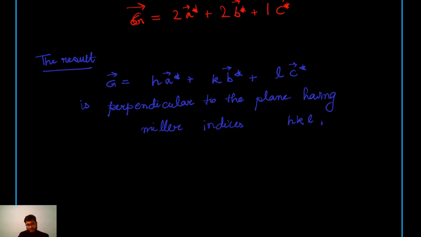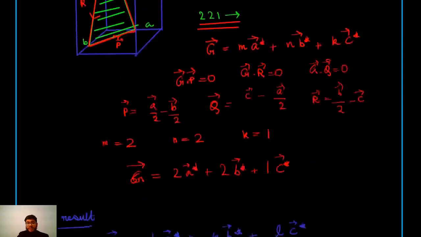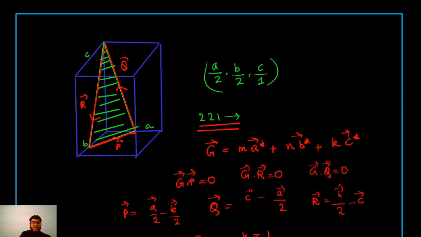Now we are going to build upon this result. So these are some planes, right? And there will be multiple such planes. This is one plane that was for one unit cell, but the same thing can be done because there will be another plane, another unit cell here. So there will be a plane like this.